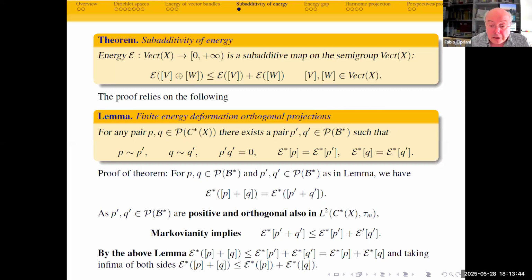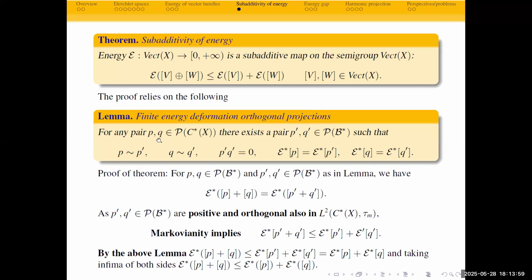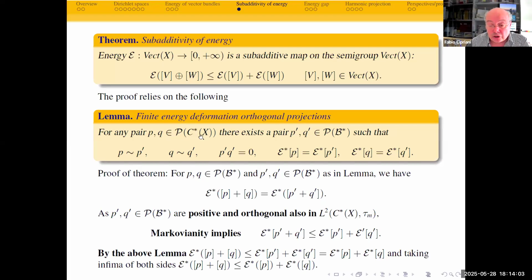I want just to illustrate how to prove such subadditivity. This is based on one hand on the following lemma, by which if we have a pair P, Q of projections, then there exists a pair of finite energy projections which are equivalent to the first pair.